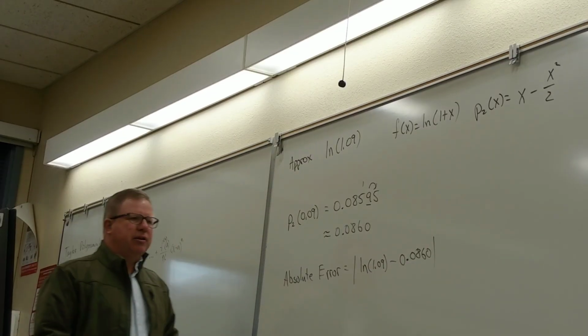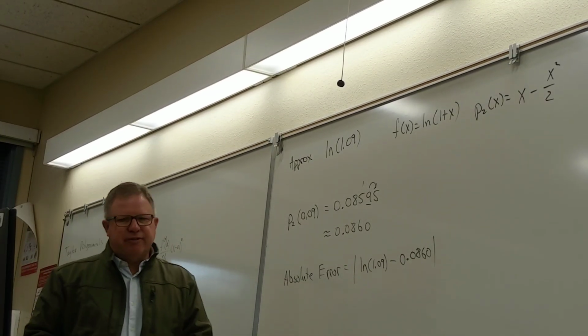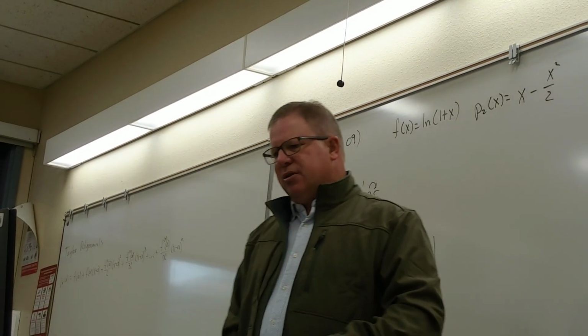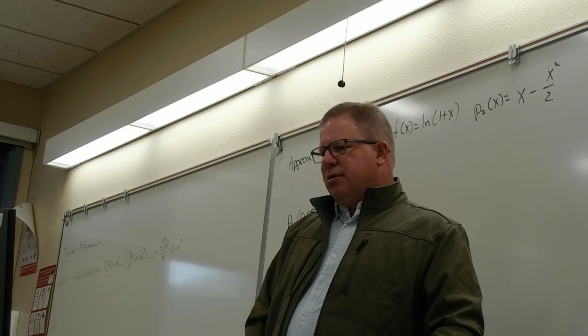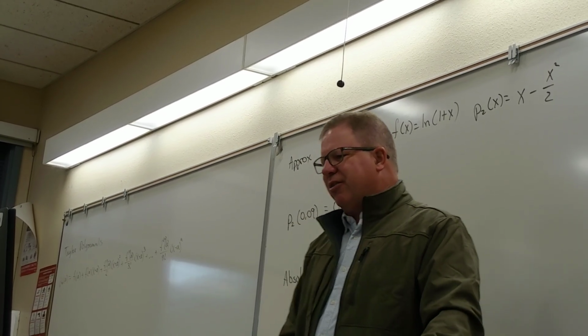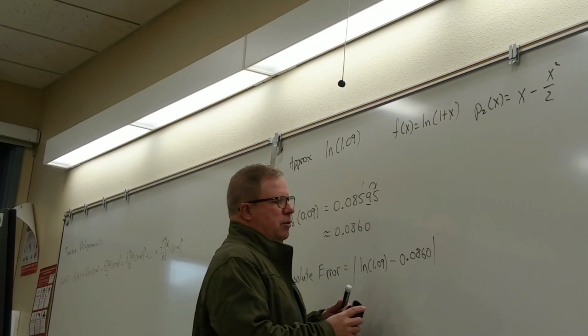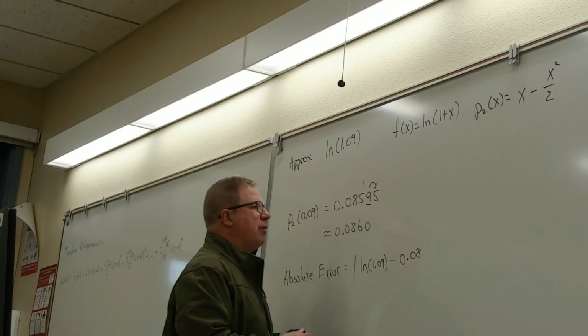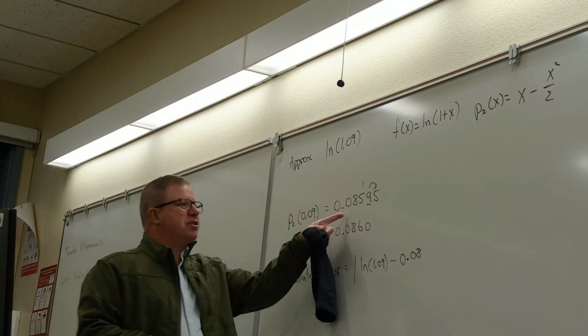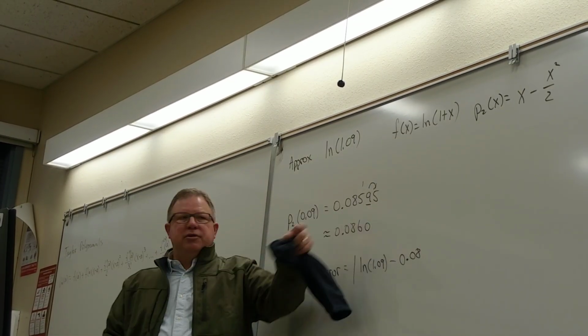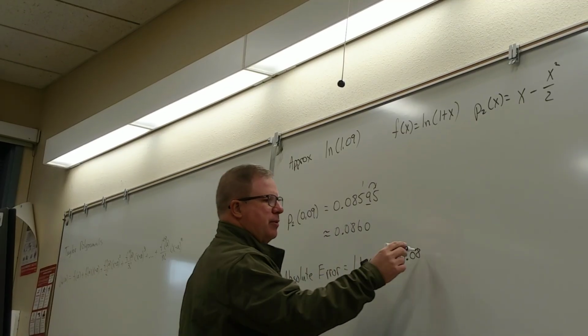I assume it wants the rounded value in there, but it says do not round until the final answer. So I think is this as far as the calculator went? Yeah. So we should use that.